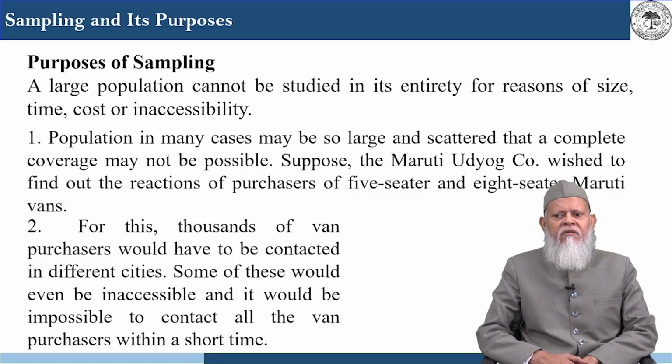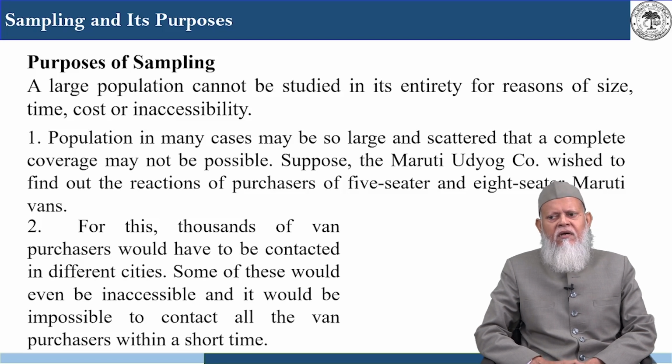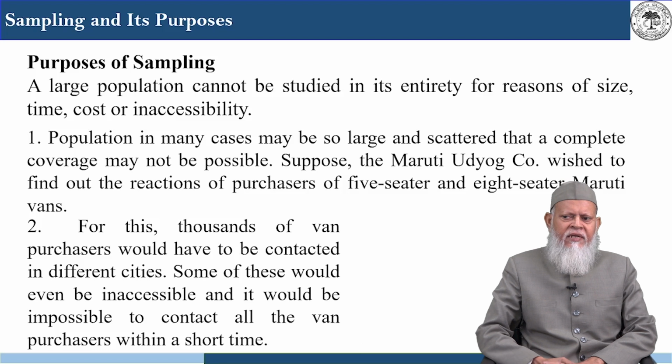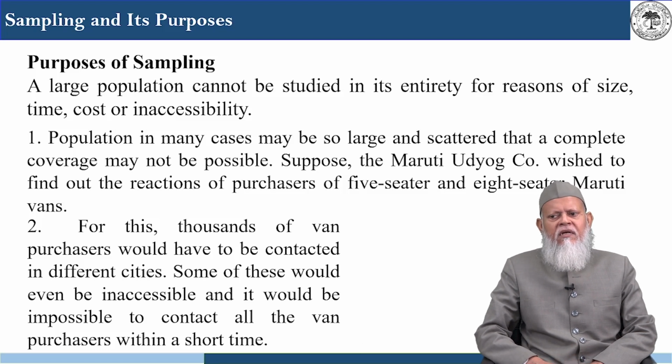So the sample serves us in many ways. A large population cannot be studied for reasons of size, time, cost, or inaccessibility that we have already discussed. Population in many cases may be so large and scattered, that is, the large and finite population.